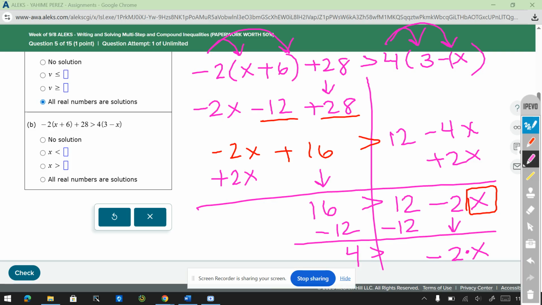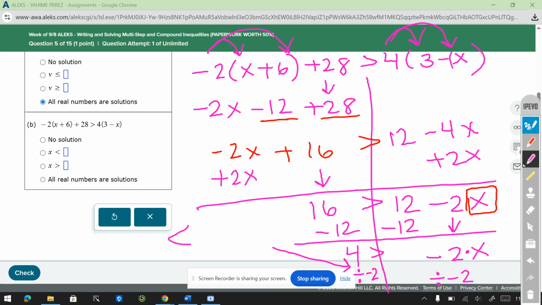I know it's multiplication because negative 2 is mushed up against x. So I'm going to divide negative 2 on both sides. Now remember, with inequalities, the one thing we really need to remember is that if we ever multiply by a negative on both sides or divide by a negative on both sides, the symbol is going to reverse, okay?